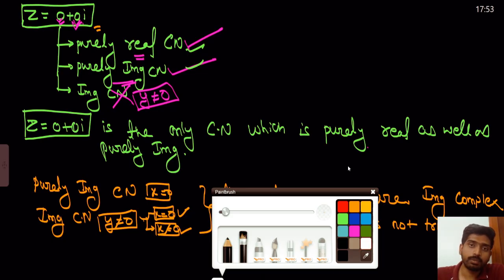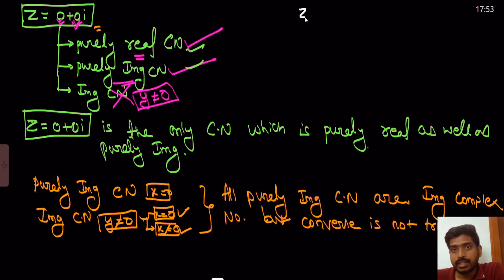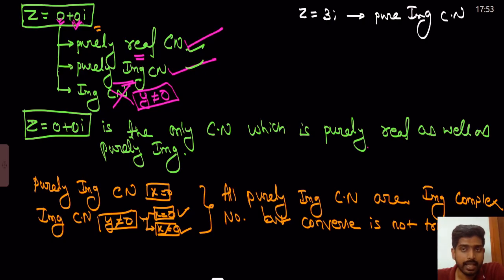Suppose I write one example as z is equal to 3 iota. This is a purely imaginary complex number as it satisfies the condition, and the imaginary part is non-zero, so it is an imaginary complex number.